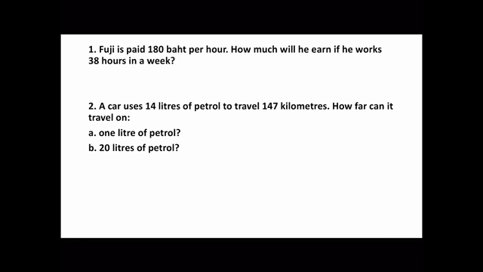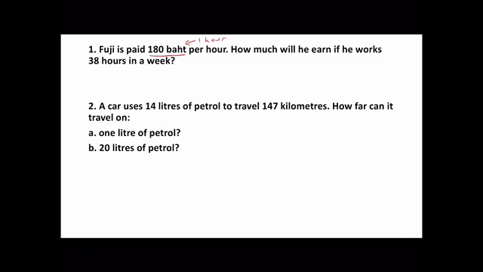Today we're going to look at ways that we can use rates. So first up, one common way: some people, instead of getting paid a salary, get paid a certain amount per hour. In the first example, Fuji's paid 180 baht for every hour that he works. If he works for 38 hours in 1 week, how much money will he earn? Okay, so we know it's 180 baht, that's for 1 hour.